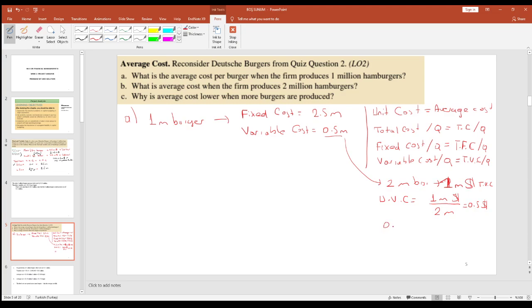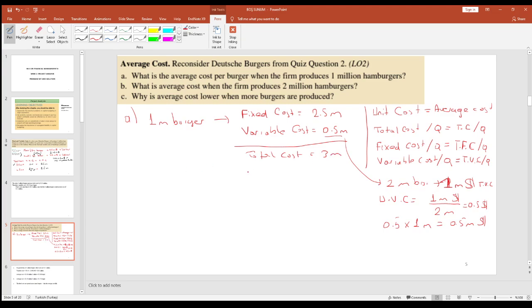So if you multiply unit variable cost by number of production, you will find total variable cost here, as you see. So if you sum these two, you will calculate total cost, which is equals to 3 million.